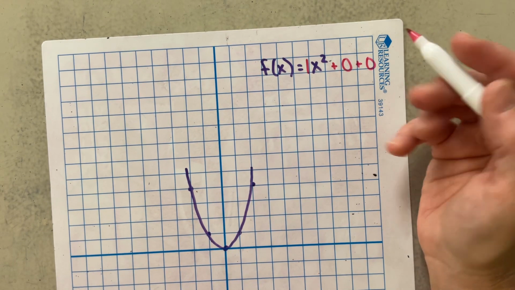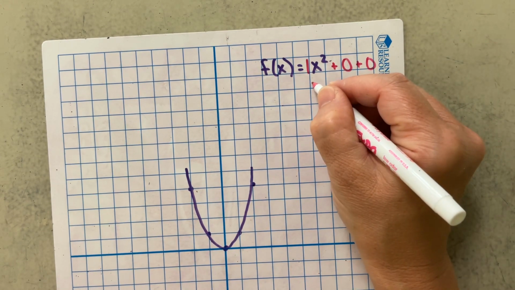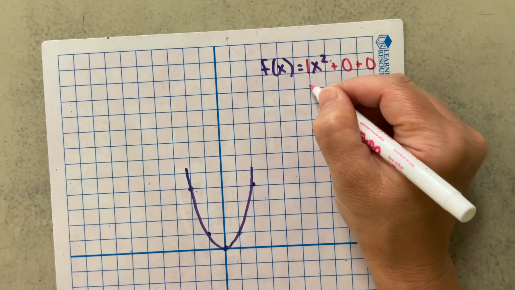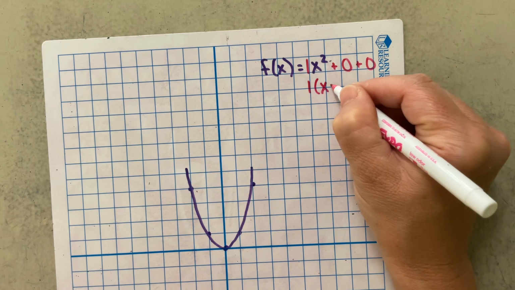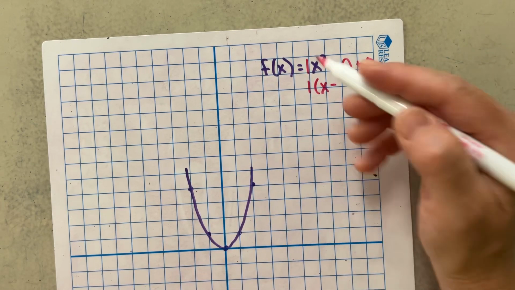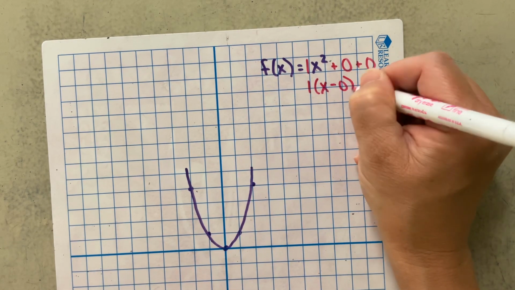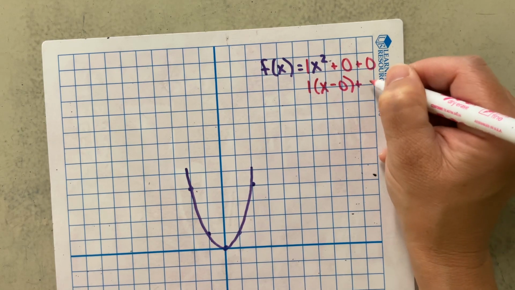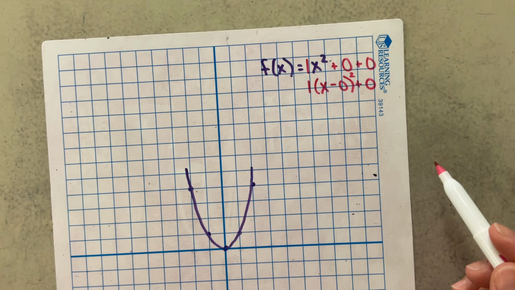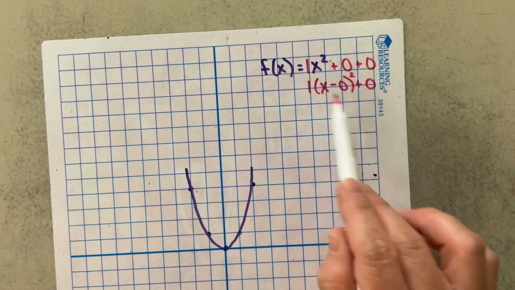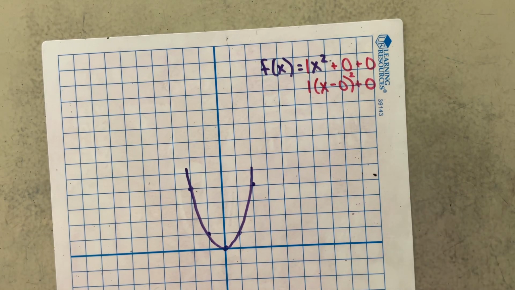Which also means if we were to look at it in vertex form, the a is 1. We have x minus our h, but it's not moving anywhere, so our h would be 0, and our k would also be 0. So you can see that it would still give us the x squared, it just would look a little bit different if we put it in vertex form.